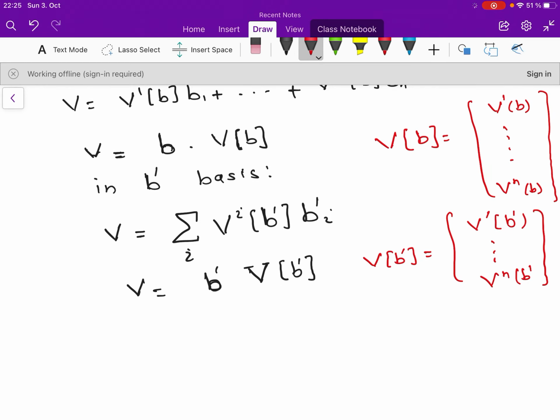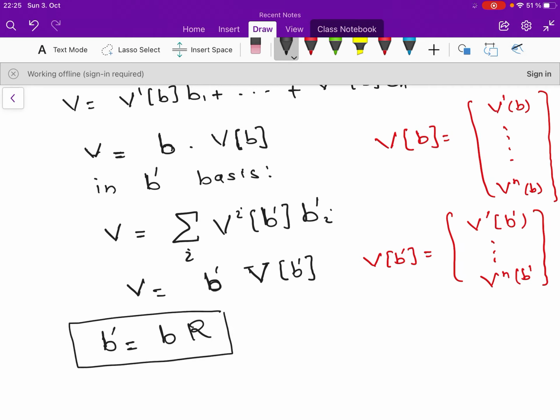Now remember that the new basis B prime can be expressed in terms of the old basis B, multiplied by the change of basis matrix. We have this equation, we have done this previously. So this is the multiplication symbol.